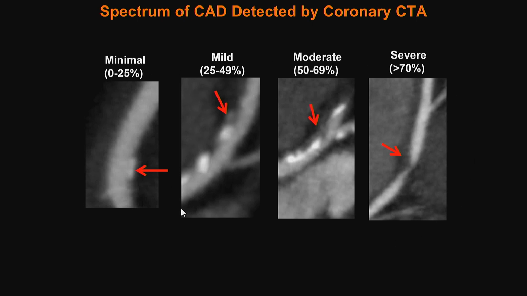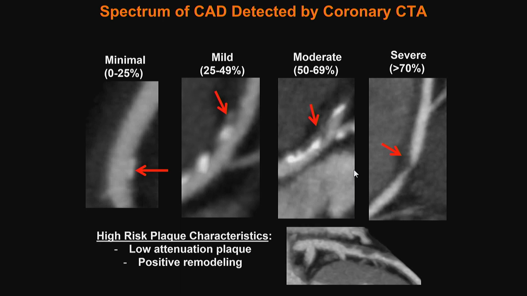These are generally the categories that we use, ranging from minimal stenosis, which is less than 25%, mild stenosis, 25 to 49%, a moderate stenosis, which is defined as 50 to 69%, or severe stenosis, which is greater than or equal to 70%. And as you can see in these examples, there are different types of plaque. We generally describe the plaque as being calcified, non-calcified, or in this example here, partially calcified plaque.